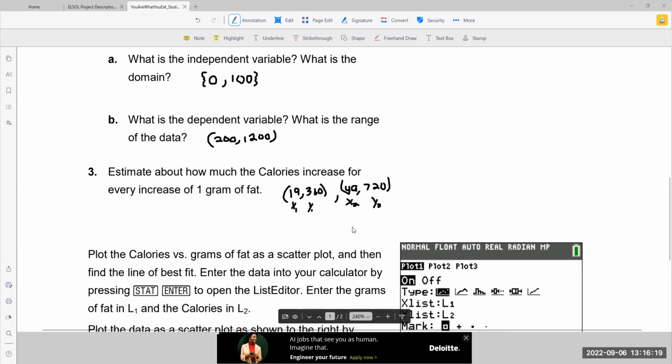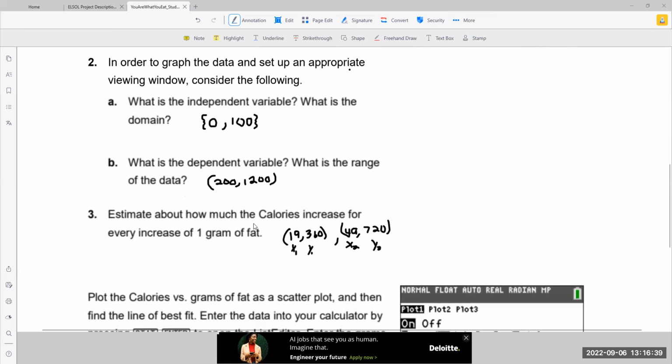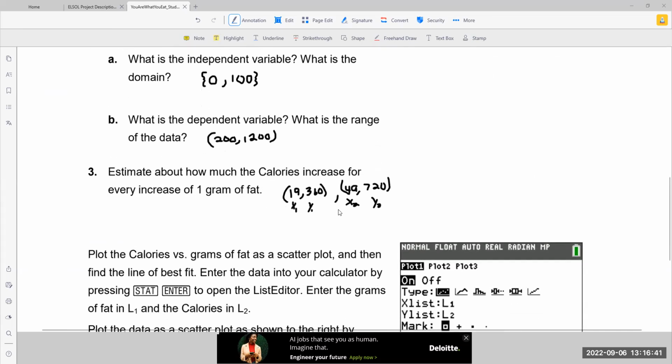What I was trying to get us to do was to choose 2 points, (19, 360) and (49, 720), and label those as x1, y1, x2, y2.